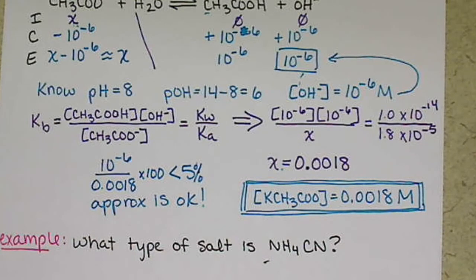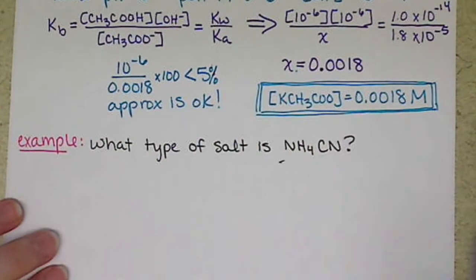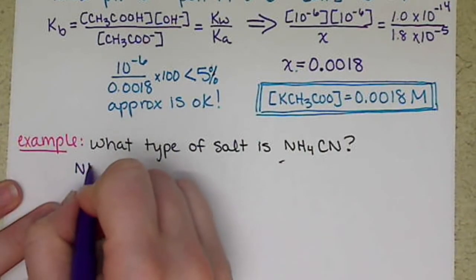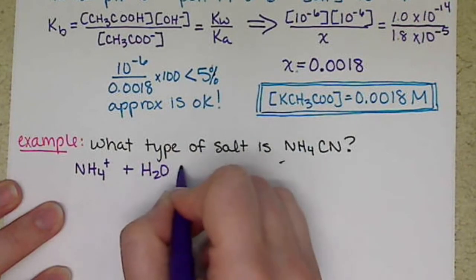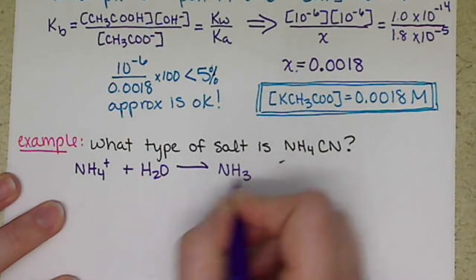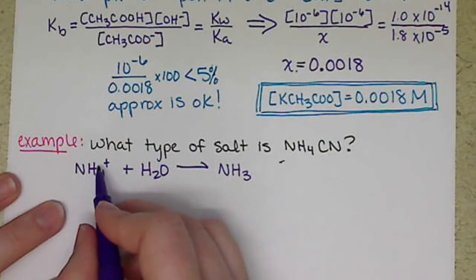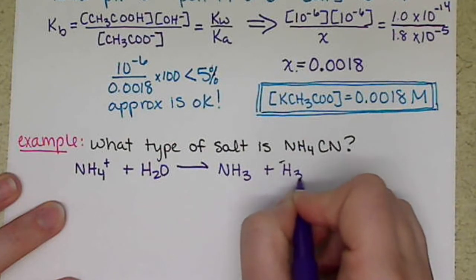So if we look at how each of our ions are going to interact with water, we have the NH4+ with H2O. It's going to lose a proton, act as an acid, so we'll form NH3 and H3O+.